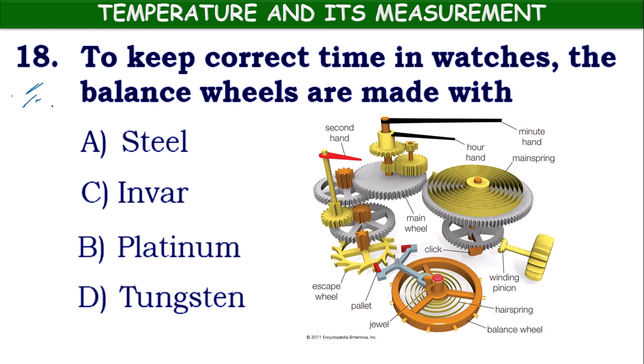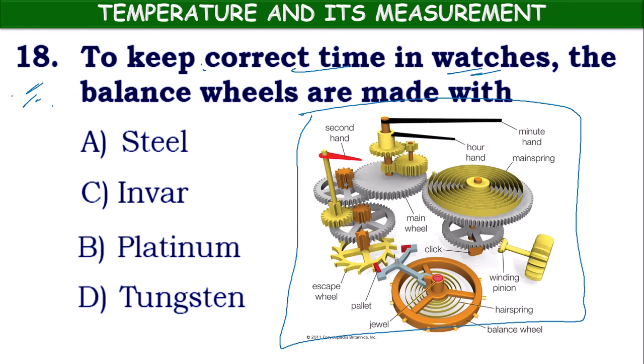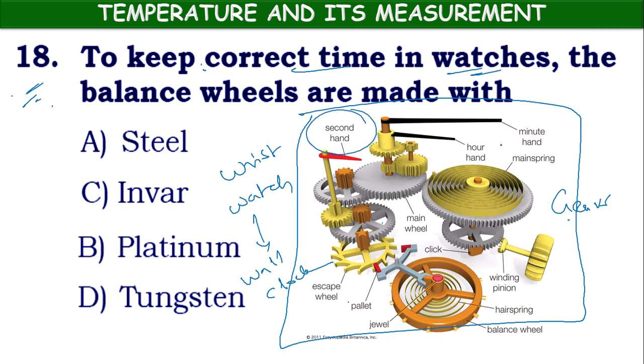So here, children, next 18th question. To keep correct time in watches. This is the inside part of a normal wristwatch or wall clock. All the minute hand, second hand, hour hand, all wheels, will be like gears.